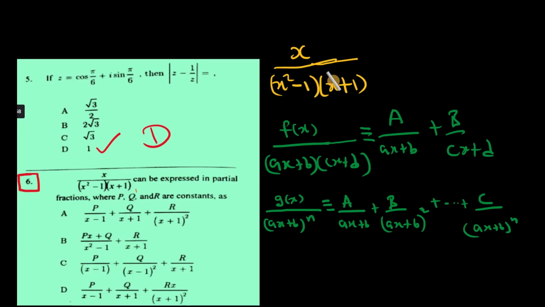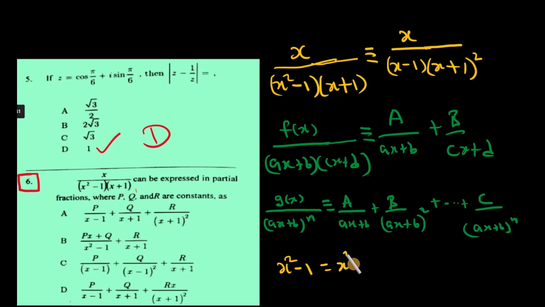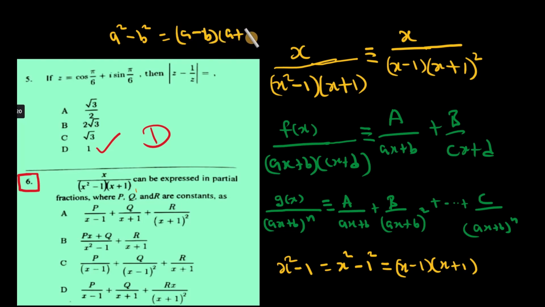You know, this denominator can be simplified as x all over x minus 1 into x plus 1 all squared. You know, x squared minus 1 is the same as x squared minus 1 all squared. X squared minus 1 is a difference of two squares, which can be written as x minus 1 into x plus 1. You know, the formula of a difference of two squares is a squared minus b squared is the same as a minus b into a plus b.